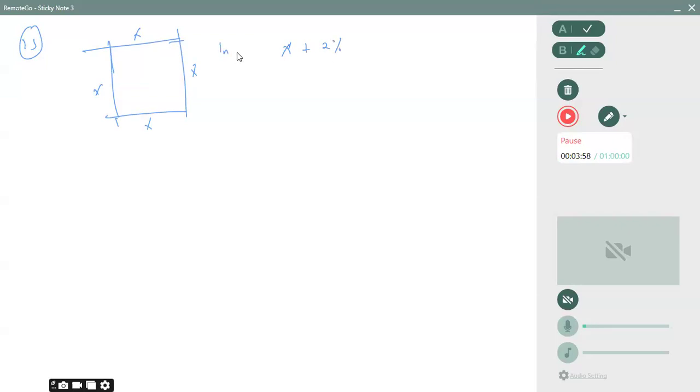So this is incorrect. Call it the incorrect side. Remember, in a square, this has to be equal to that, and that has to be equal to that. Now, the incorrect side, if it's x, is x plus 2%.